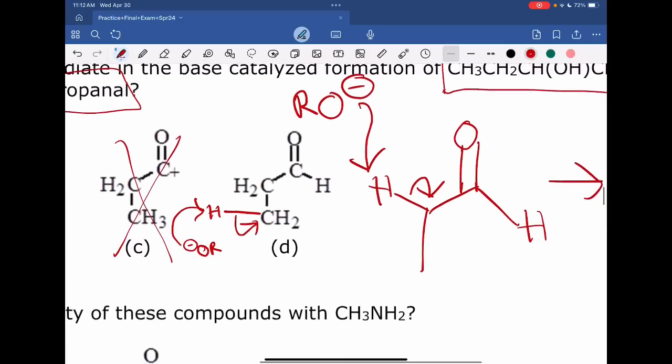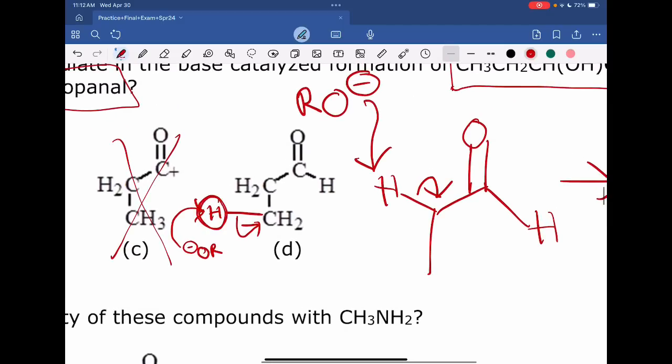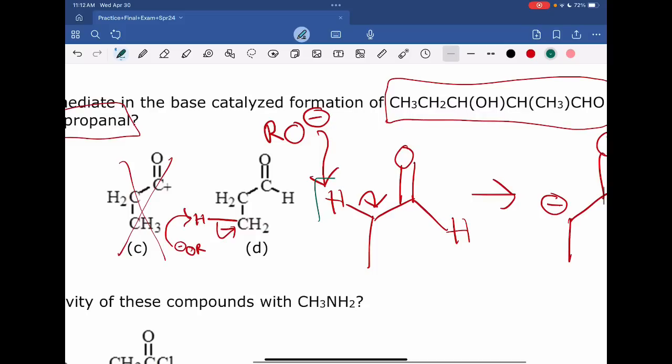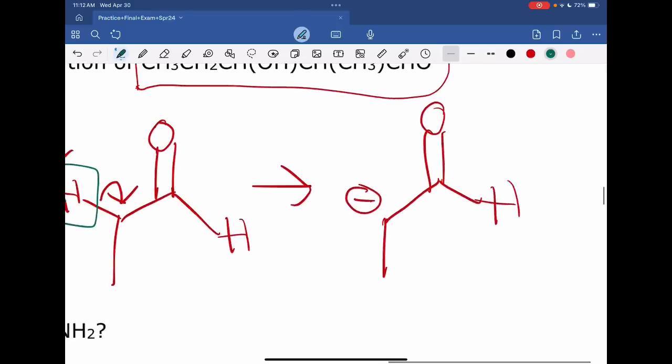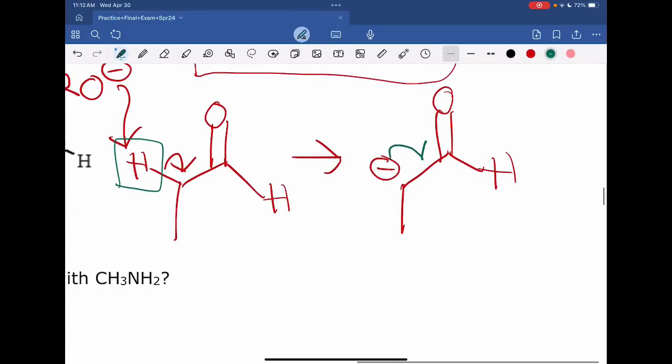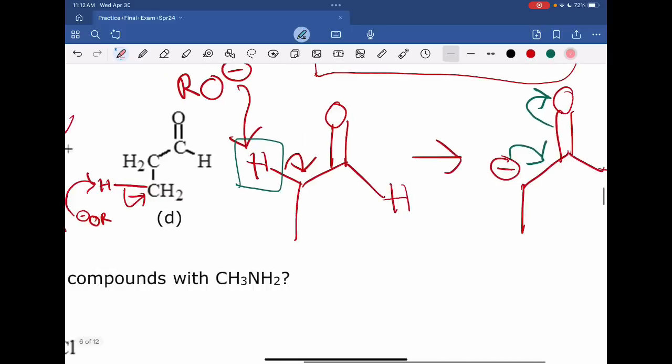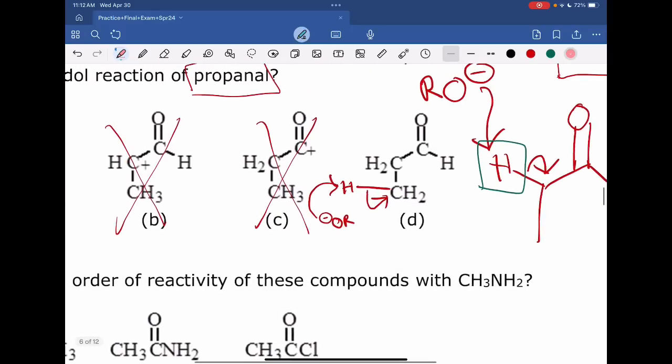But this doesn't make sense because this H is way less acidic than this H. We gotta remember that the top hydrogen is resonance stabilized. This anion can do resonance with the oxygen, while if you had a negative charge here in the bottom, you couldn't do that. So that's why it doesn't make sense to grab that bottom H.